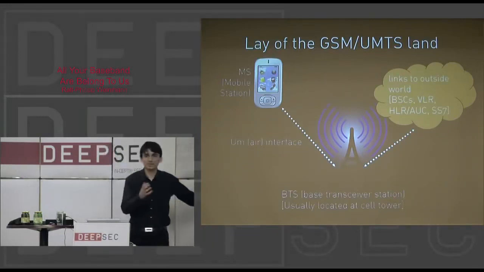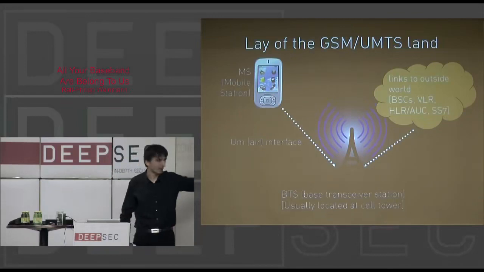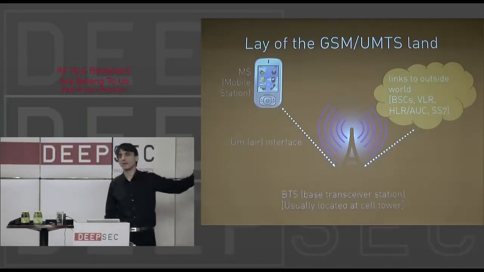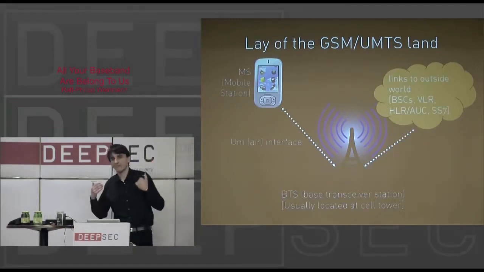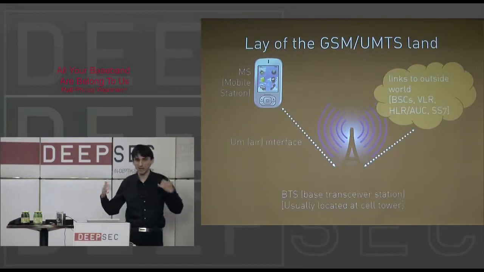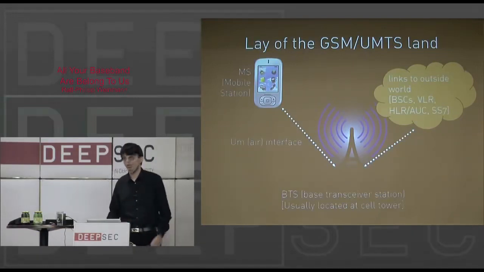This is like the typical scenario you have in a cell phone network as well, but you have all of this backend stuff there as well, which is like the base station controllers, the HLRs and the VLRs and links to that. We don't care about that because for now we're trying to be a rogue base station and we're impersonating an operator.